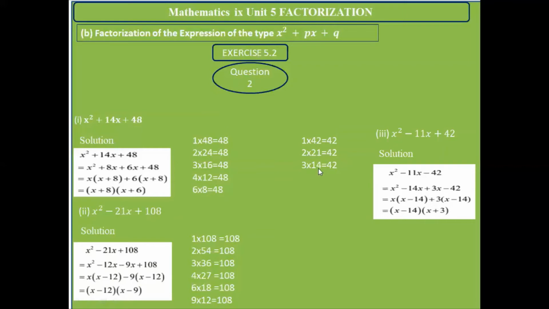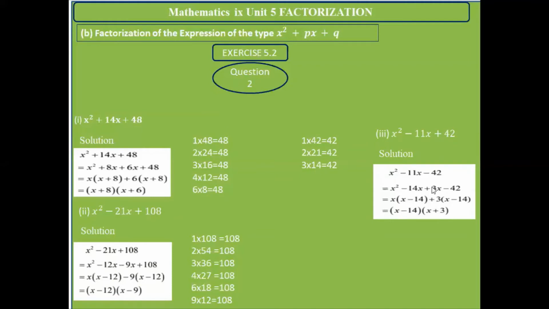And when I divide 42 with 3, I have 14. So 3 times 14 is 42, and now here these 14 and 3, when I subtract 3 from 14, we have 11.